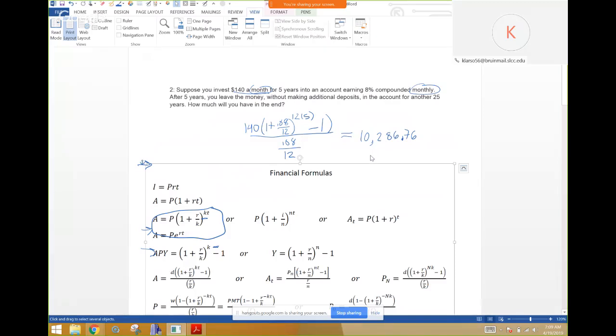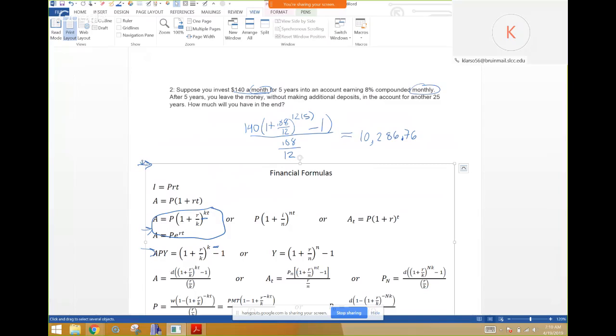On a test, definitely make sure you write out your work, because if you put it in the calculator the wrong way and get a wrong answer, at least I'll be able to see that you used the right formula. Whereas if you wrote nothing and just did it all in your calculator and got the wrong answer, I wouldn't be able to give you any points, because I wouldn't know that you used the right formula, if that makes sense.